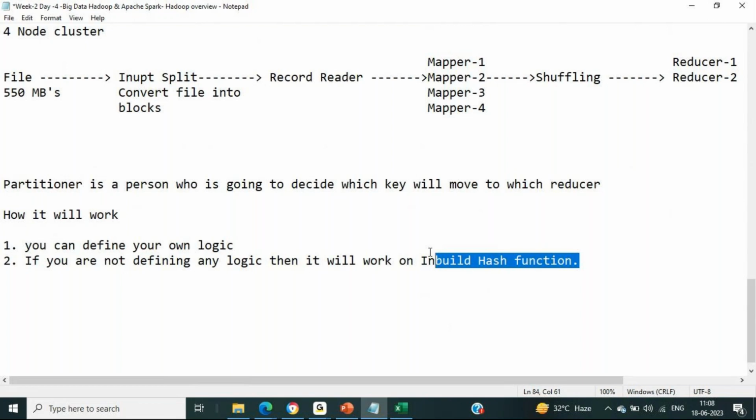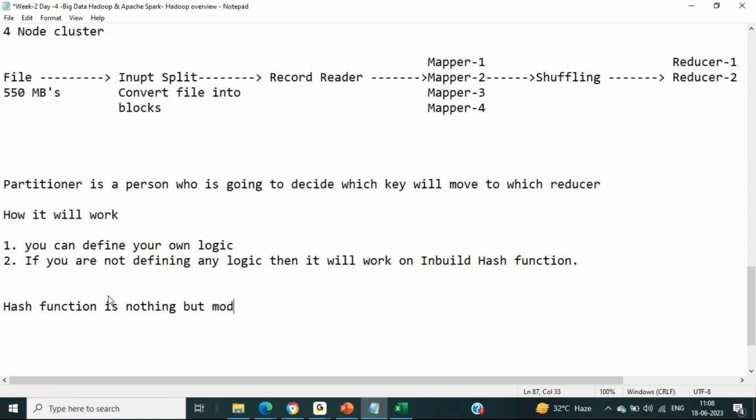It will be working like this. The hash function is nothing but modulus division.